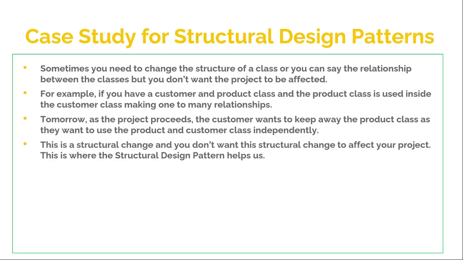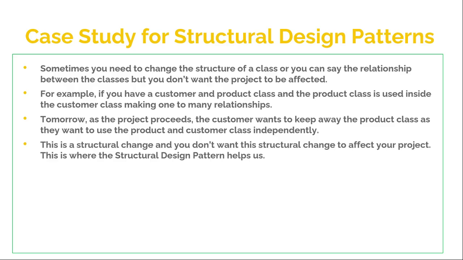Sometimes you need to change the structure of a class, or you can say the relationship between the classes, but you don't want the project to be affected. You have created the basic architecture, the design, but the structure is changing actually, and that should not affect the project.